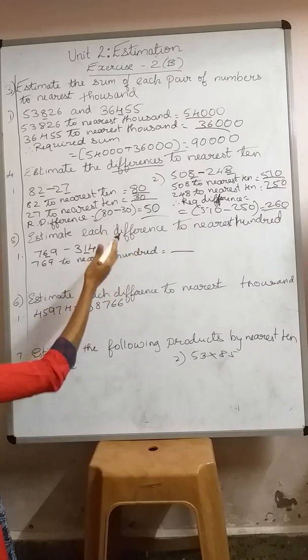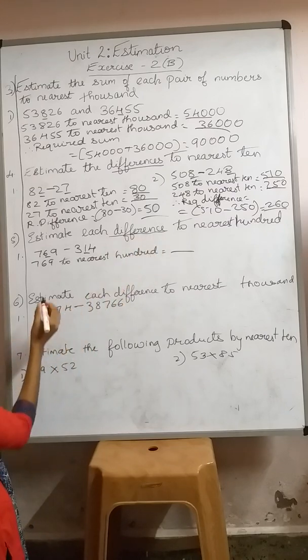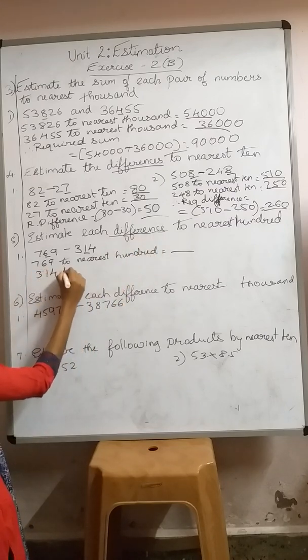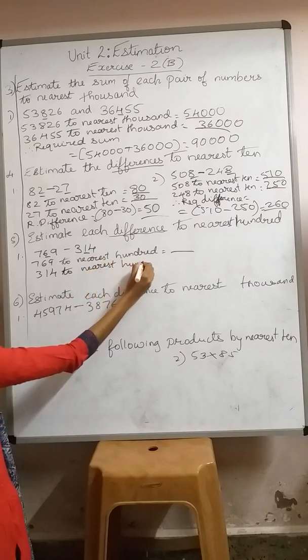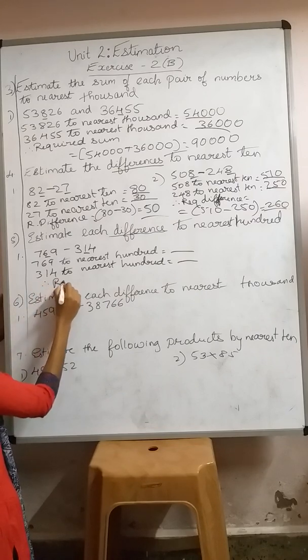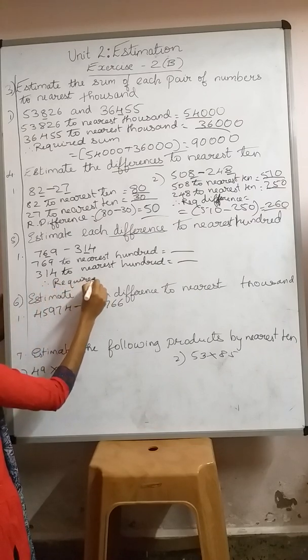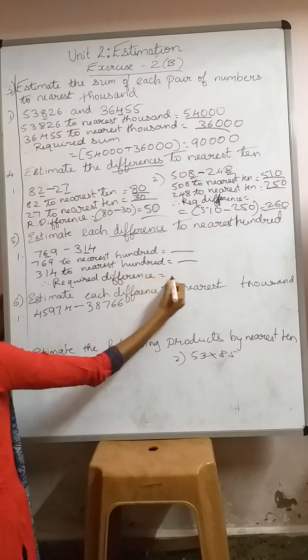Please don't make the mistake as I did earlier. Remember here they are asking the difference of the numbers. So again, nearest 100, equals to, okay. Therefore, what are we finding? Difference. Equal to how much?